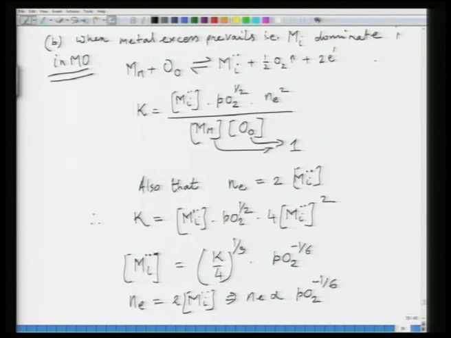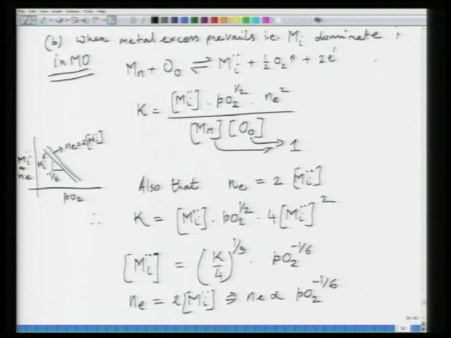So again when you plot these two, PO2 against Mi or Ne, this would be your slope of minus 1 by 6. So this will be Mi and this would be Ne, equal to twice of Mi.